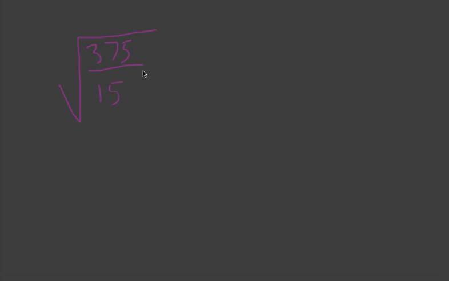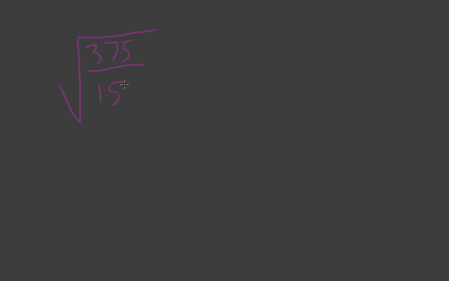So I think what we can do here is we can just divide the 15 into the 375, and if we divide the 15 into the 375, we may get a number that can be square rooted. So let's try that out. I just double checked. I don't like to be wrong. 15 squared is indeed 225.